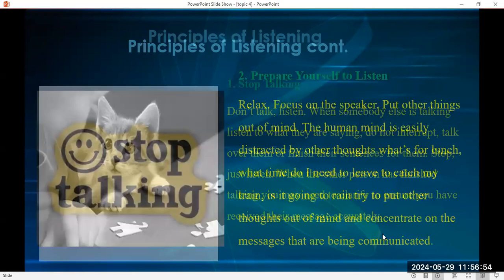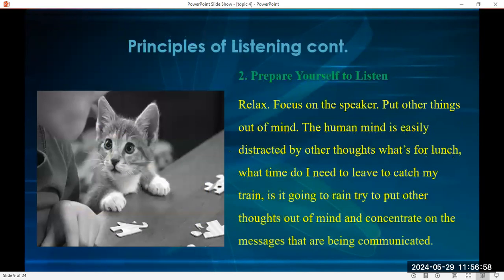The next point: prepare yourself to listen. How do you prepare yourself to listen? Just relax. Focus on the speaker. Maintain eye contact. Show nonverbal cues that you understand and that you can relate.